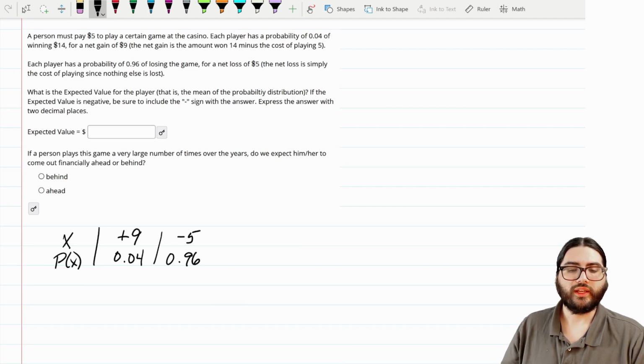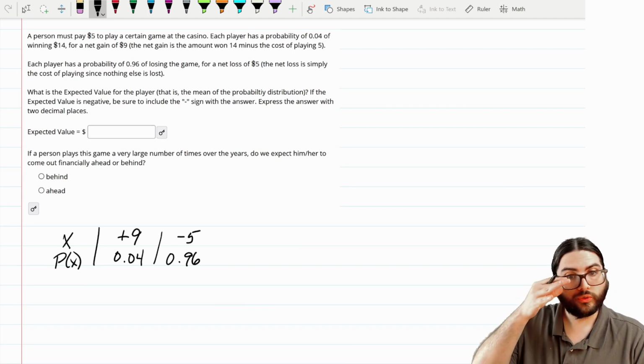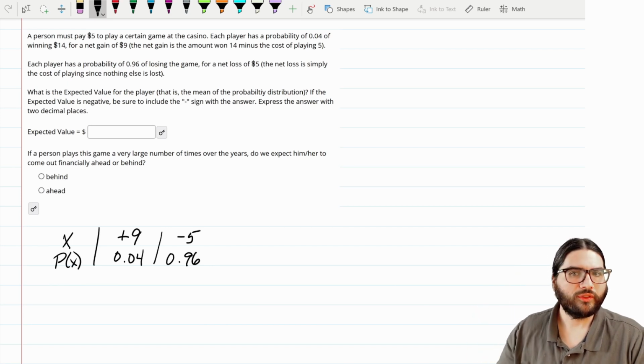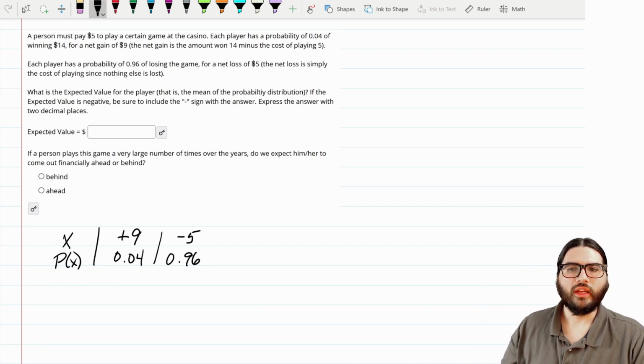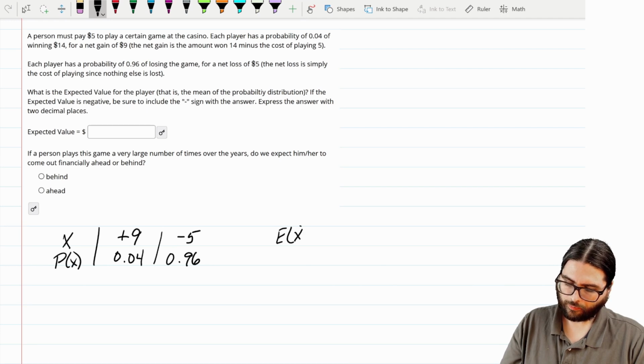So this is a game which only has two states. You either win or you lose. But that's pretty much the case for all gambling type games. Not every gambling type game will have the same probability or the same net gain and net loss, but I can use my expected value formula to calculate the expected value. I know that I'll add together every value times the probability that that value occurs.